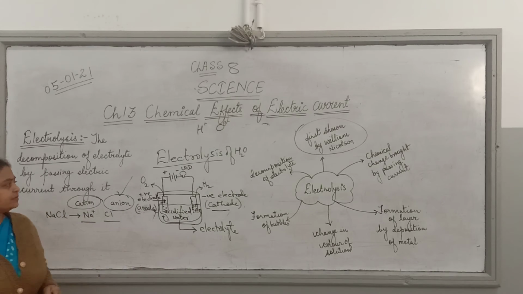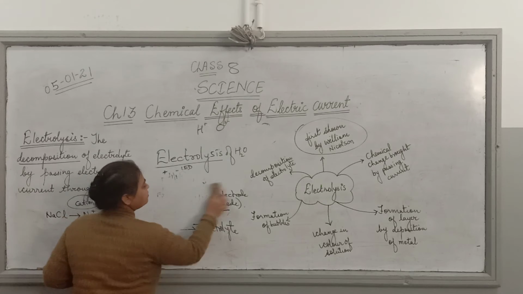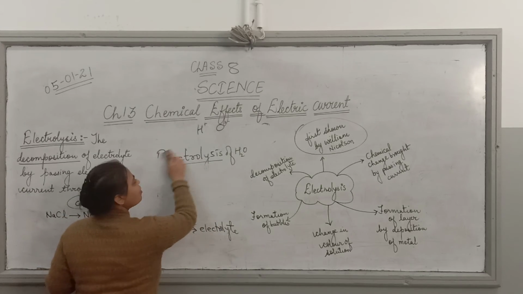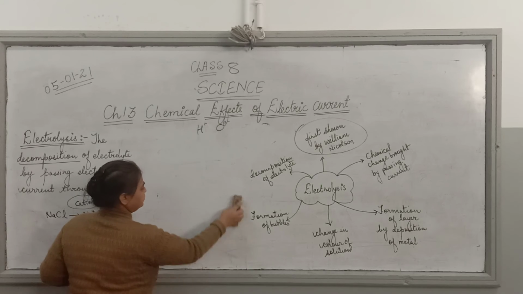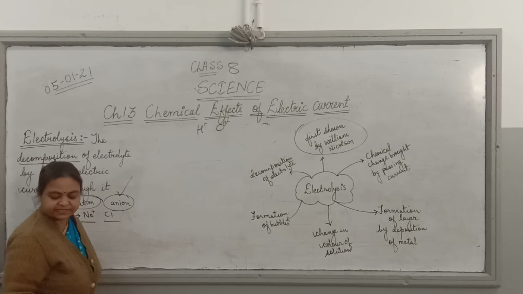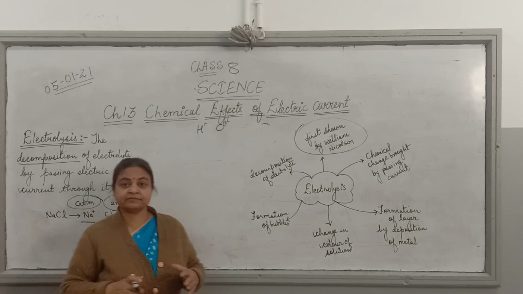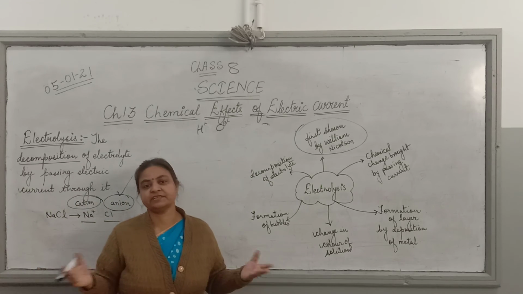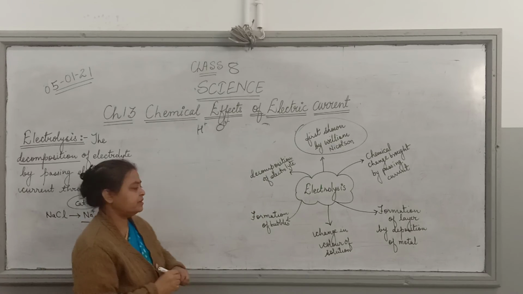Suppose we want to electroplate, or we want a layer of copper or silver on iron. We have a simple iron spoon. I want it to look like a copper spoon or a silver spoon. So I can use this process of electrolysis.